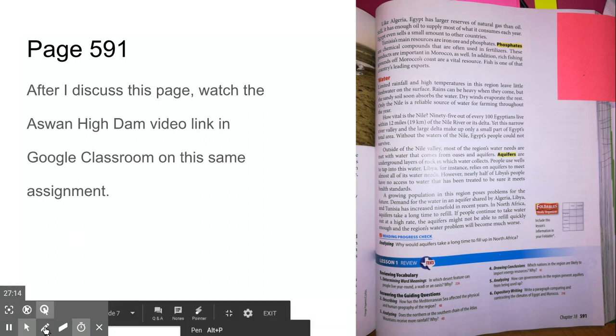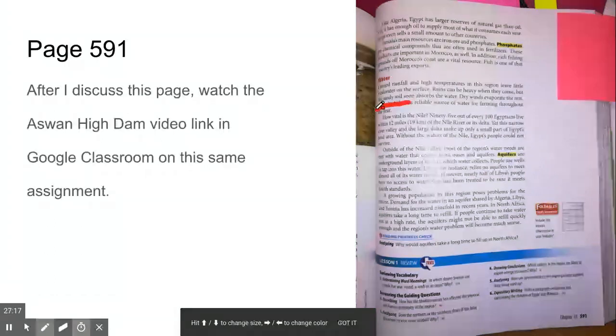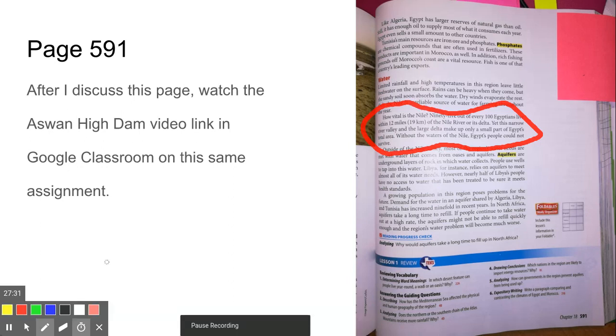Let me circle it because this is a very important paragraph. Second paragraph right here. Really, really super important paragraph. Okay. How vital is the Nile? 95 out of every 100 Egyptians live within 12 miles of the Nile River.